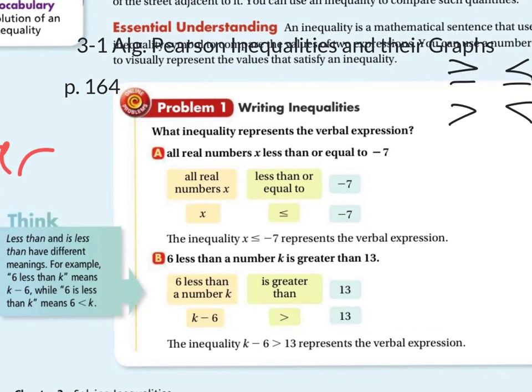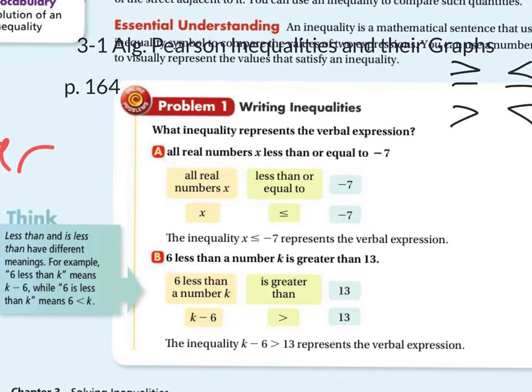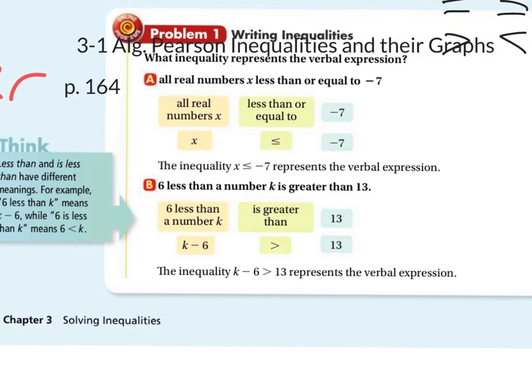So problem 1, what inequality represents the verbal expression all real numbers x less than or equal to 7? That would be x is less than or equal to 7. Part B, 6 less than a number k is greater than 13. Be careful with this one.